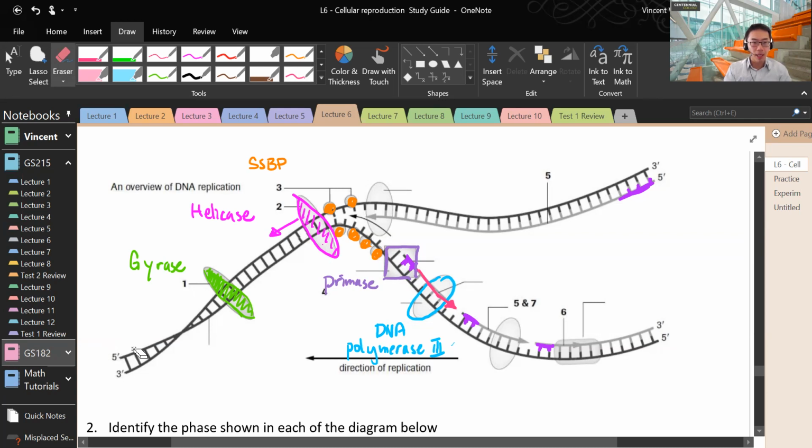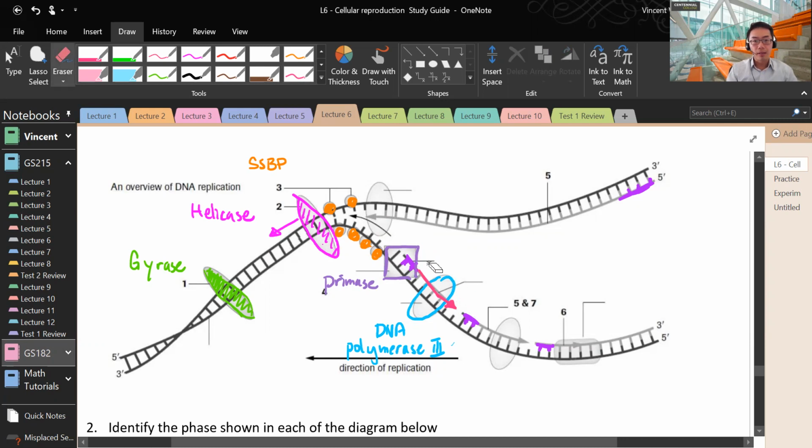This is 5 prime. If you chase it all the way, right? Oh, actually, did they make a mistake here? You know what? Let's just ignore that part here. I think this might be a little bit confusing. But you can see at the bottom here, this is 5 prime all the way to 3 prime. So when the DNA polymerase is going to build a new strand, this is the 5 prime end, and then this is the 3 prime end, right?